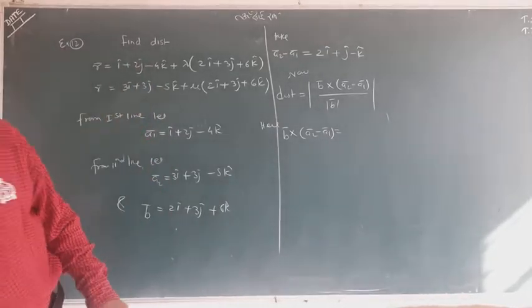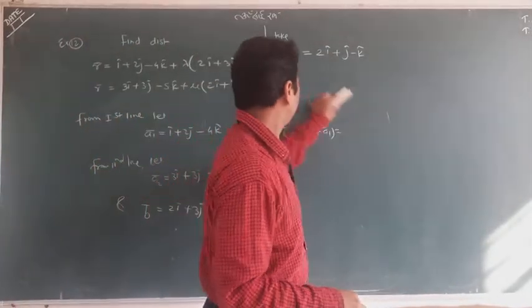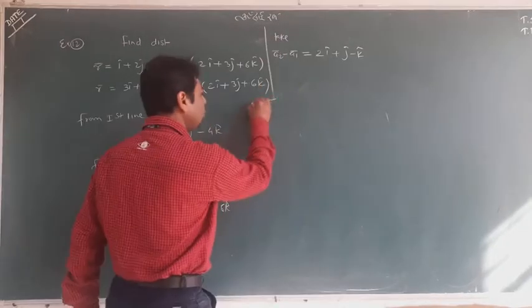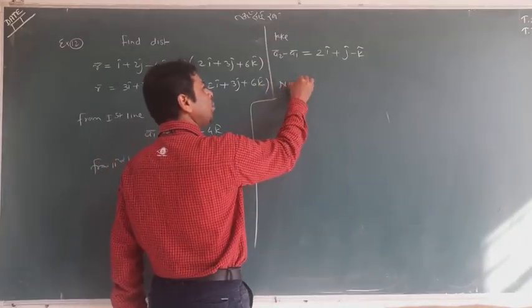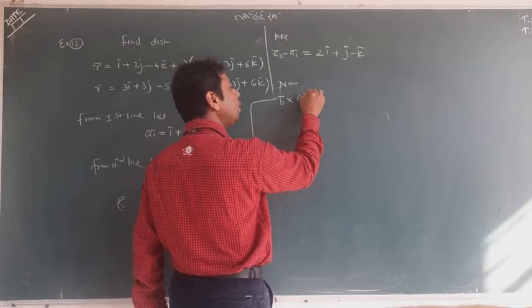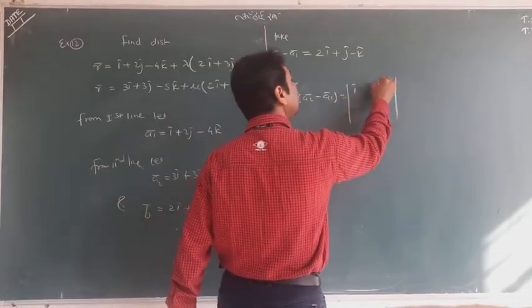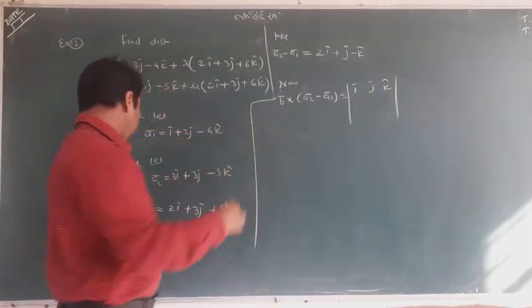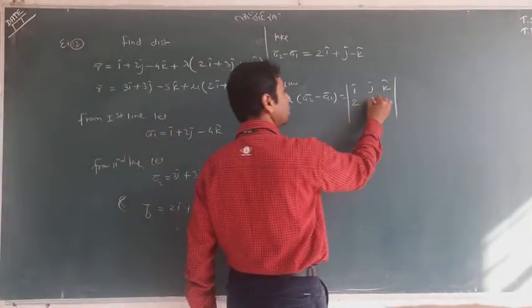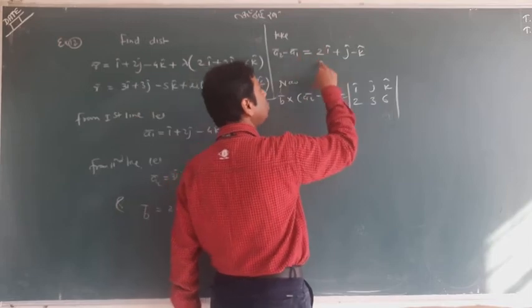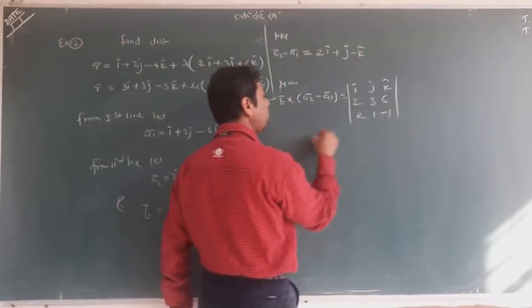I think we should not write this formula here. We will find the requirement. What is the requirement? b × (a2 − a1). How to find the cross product? i, j, k. Remember it. b is 2, 3, 6, and a2 − a1 is 2, 1, −1. Find it out.